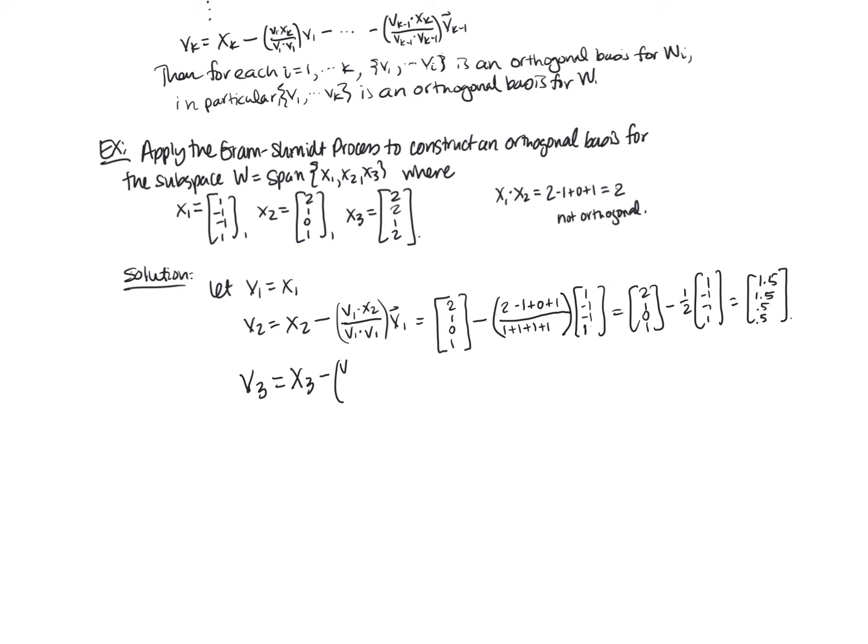So I'll do v1 dot x3 over v1 dot v1, times v1, minus, I'm going to subtract off the bit that's in the direction of v2. So v2 dot x3 over v2 dot v2, times v2. Okay, perfect.